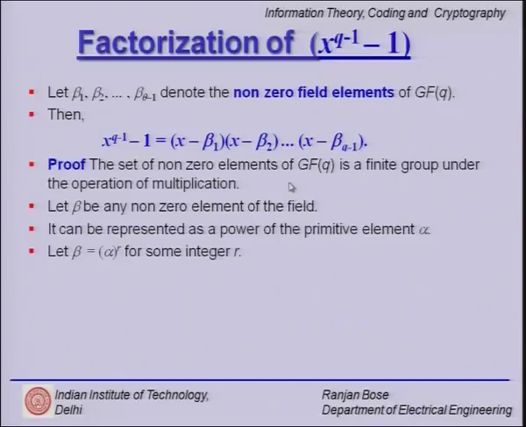Please note that beta is an element of the extension field. Since beta is an element of the extension field, it can be represented as some primitive element alpha raised to the power r for some integer r, because every non-zero element in the extension field can be represented as a power of the primitive element.